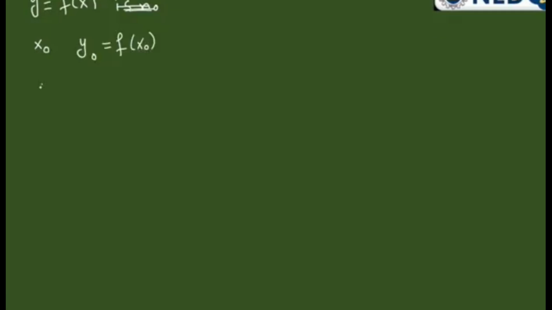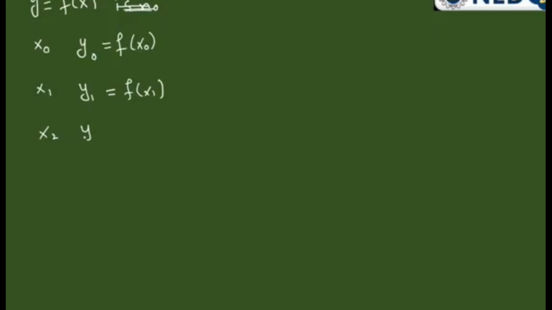Similarly, if I have value x1, and if I put that value in it, I will get y1, which is the value of the function at x1. Similarly, let's say x2, and there is a y2, and if I put that value in it, I will get y2.